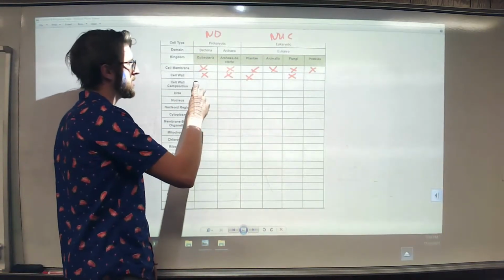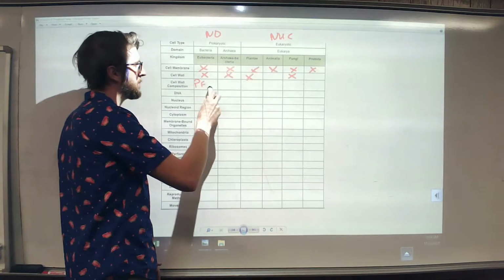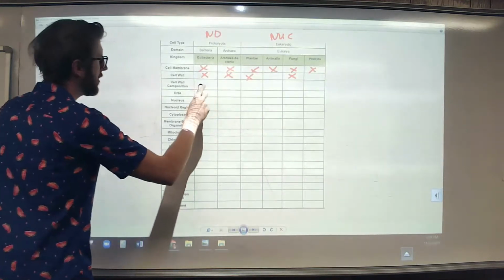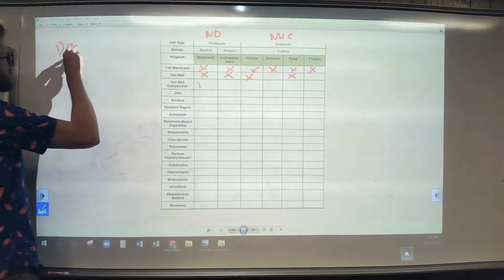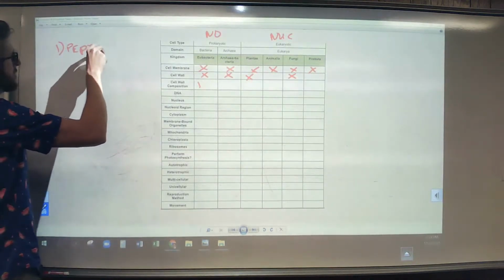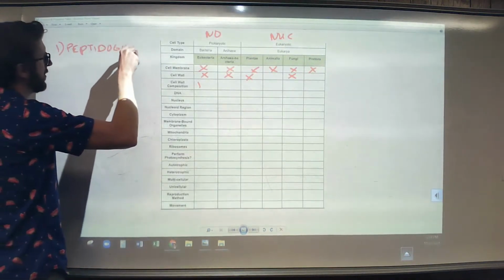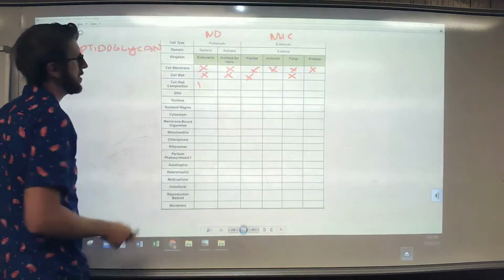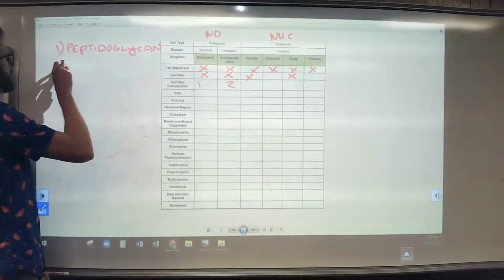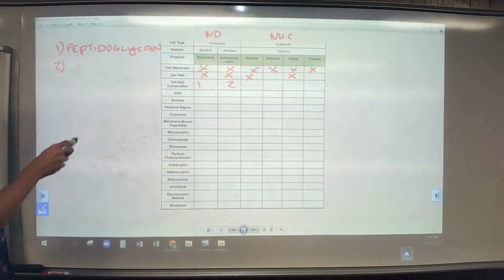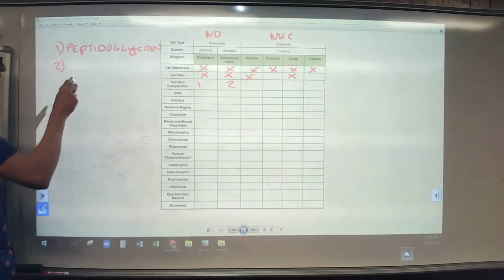This cell wall is made up of this stuff called peptidoglycan. I'm actually going to write number 1 over here because it's too big to write over there. Peptidoglycan is what's in this cell wall. And archaea bacteria have cell walls that are just made up of proteins and lipids.